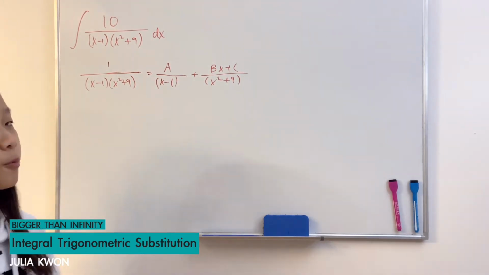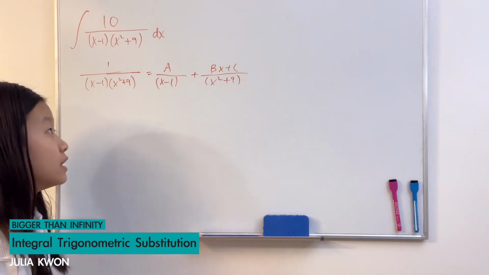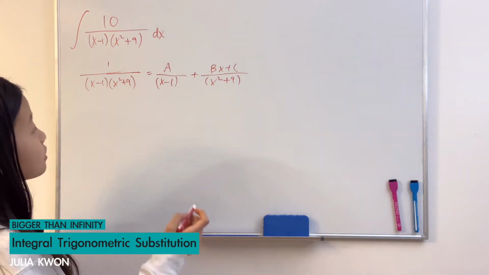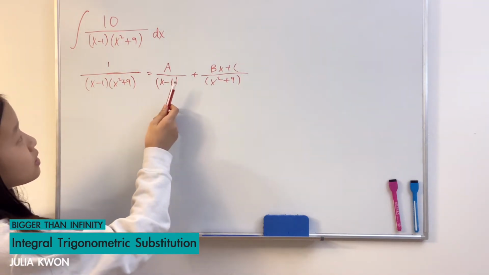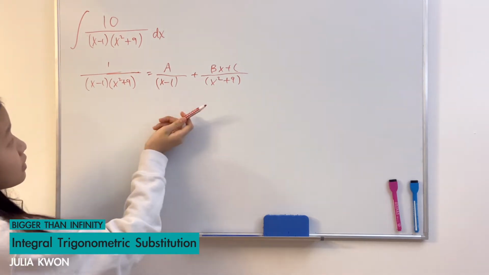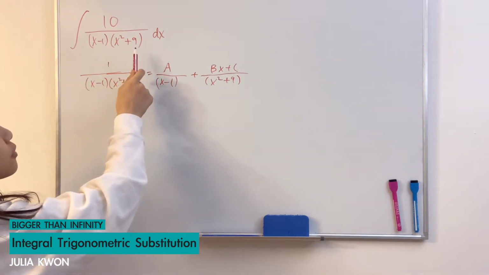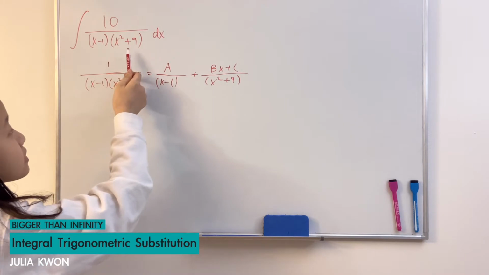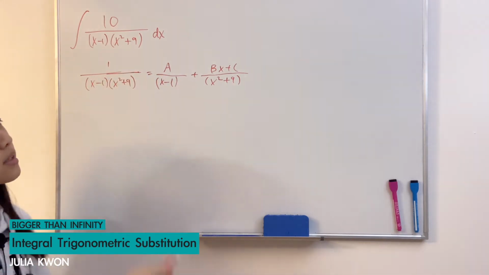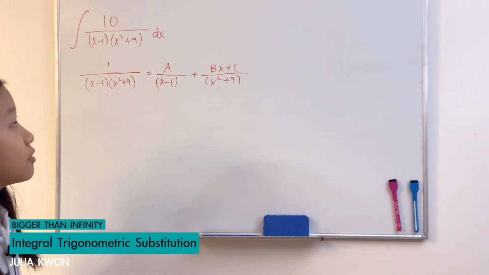And then we're going to solve for A, B, and C. The reason we're changing things like this is because we can't take the integral of this in another way.